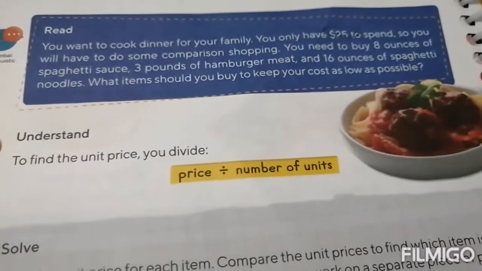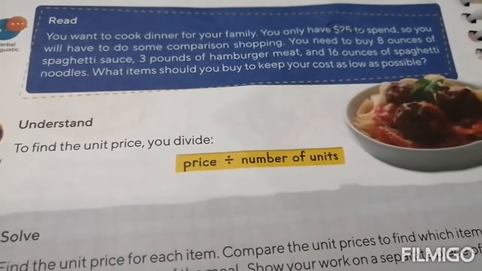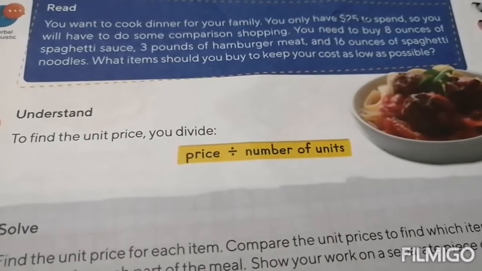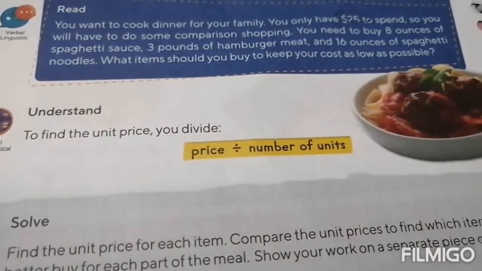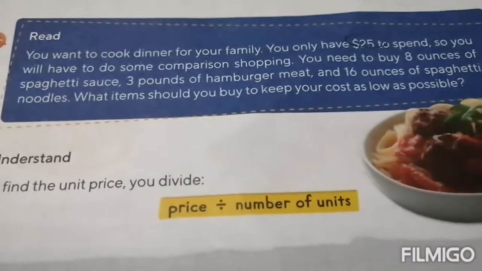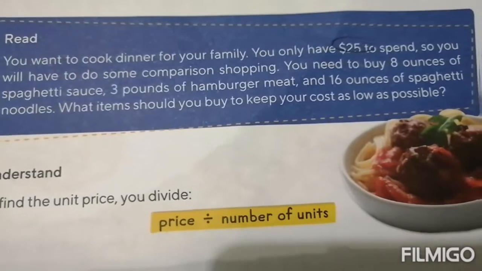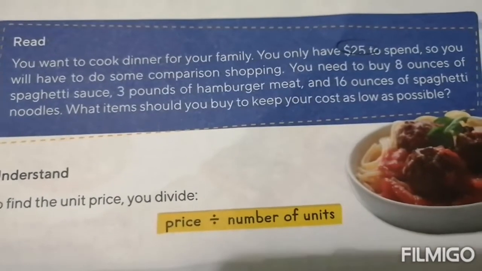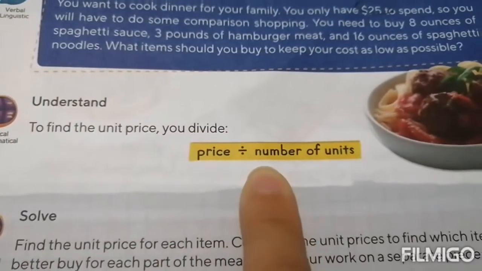It says that you have $25 to spend, but you must buy 8 ounces of spaghetti sauce, 3 pounds of hamburger meat, and 16 ounces of spaghetti noodles. What items should you buy to keep your costs as low as possible? Well, we are going to follow the same formula in here.